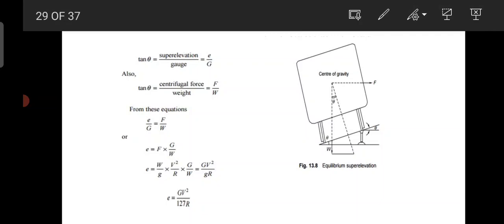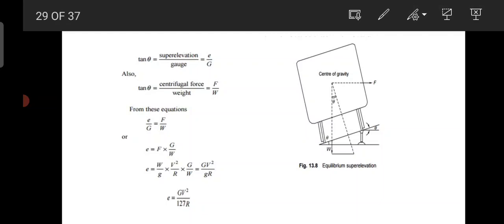So theta is the angle between the resultant force and the weight W. Tan theta is equal to, which is the same as, you can see here below, this horizontal line and this inclined line.